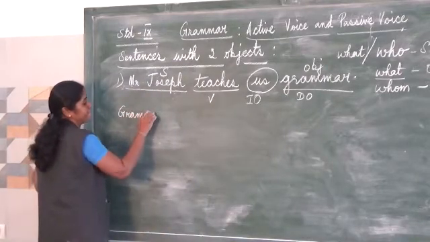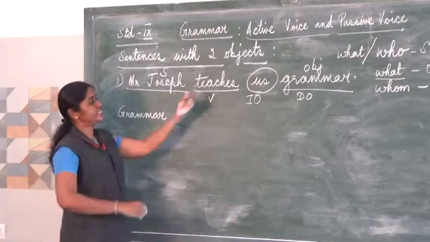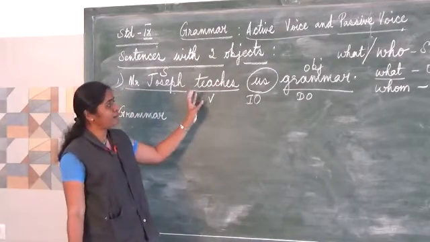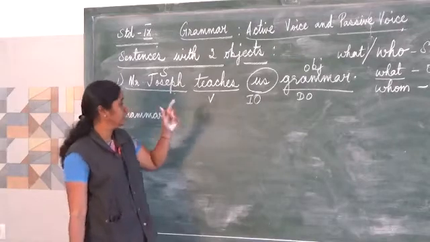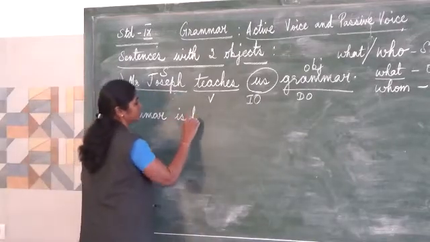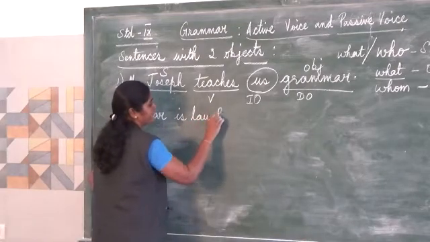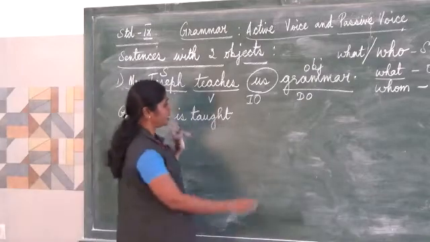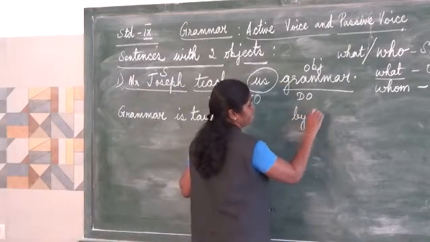Grammar. Teaches is simple present tense. Passive form of simple present tense is am taught, is taught, are taught. Now grammar is singular, so is taught. Grammar is taught by Mr. Joseph.